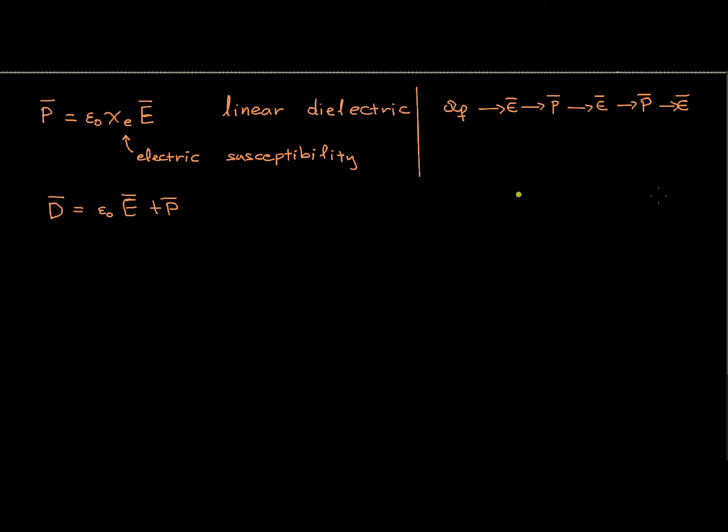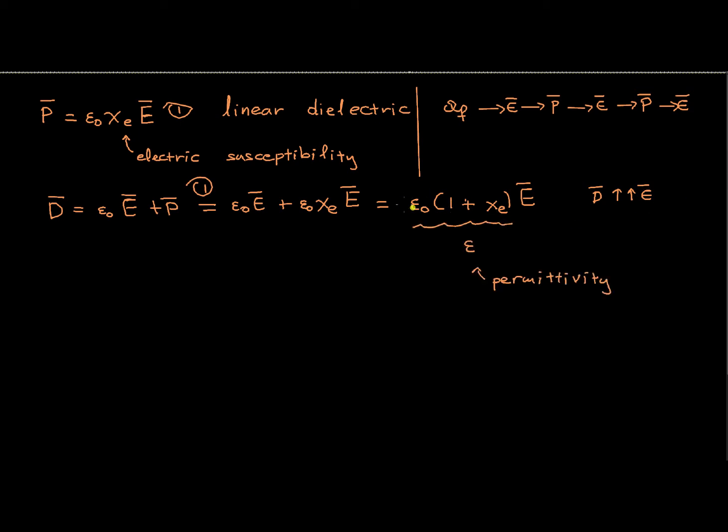All right. Now, using the definition for linear dielectrics with the electric displacement, using this expression for polarization, plug it in here. We take out epsilon naught as a common factor: 1 plus the electric susceptibility times E. What this is telling us is that for linear dielectrics, D points in the same direction as E, and in fact the electric displacement is proportional to the electric field.